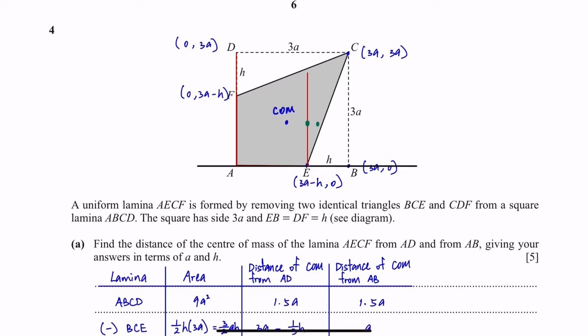If the COM is like here, then obviously this whole plane will topple. So this place here is the maximum distance of COM from AD that it can be.